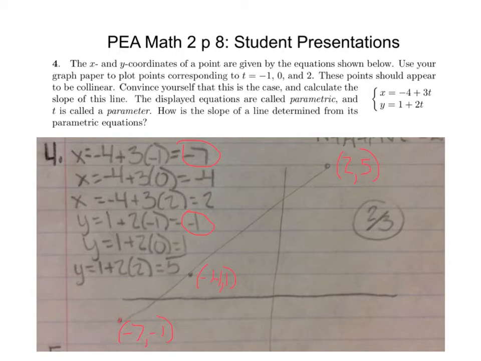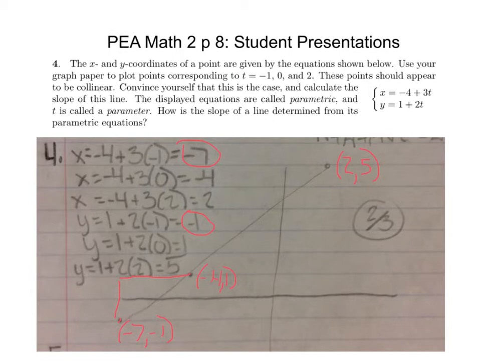Now how did you find the 2/3 with that? I calculated the slope by counting the units up and across, and using those in the equation. So your up was 2? Yeah, and your over is 3. Okay, let's just pause.